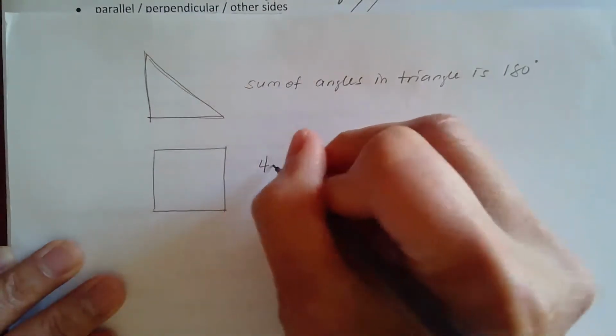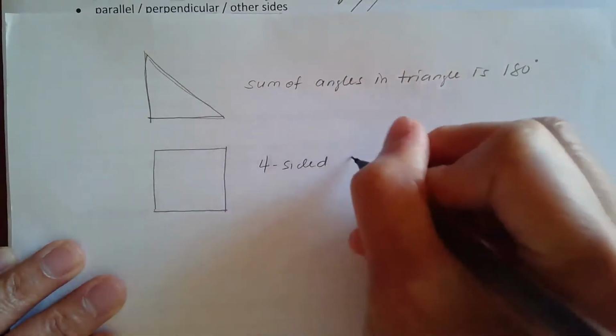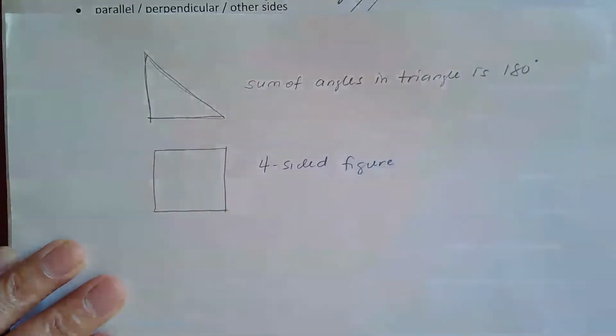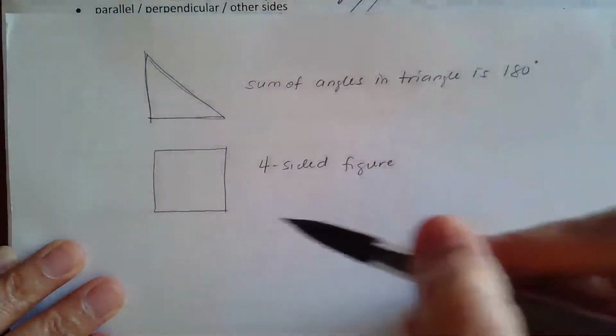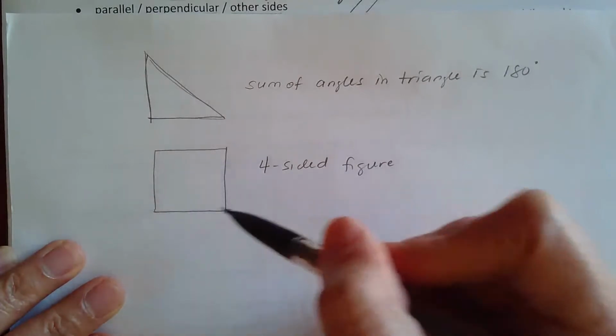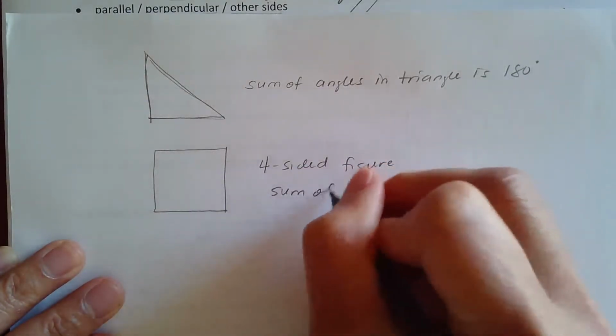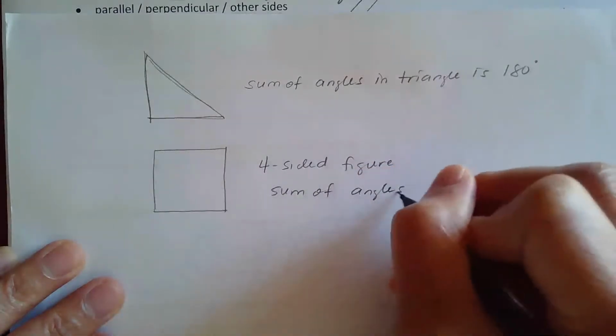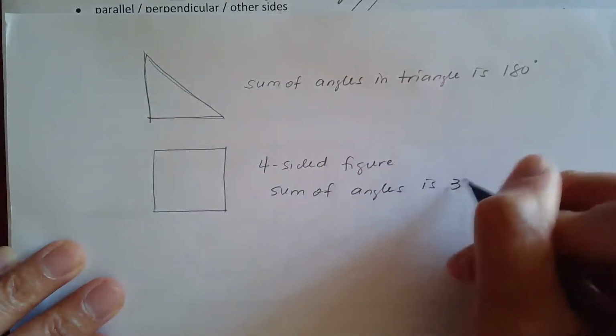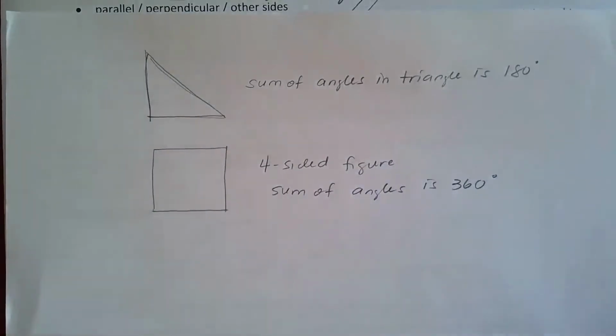Now, for a four-sided figure, meaning a quadrilateral, how can we show that the sum is 360 degrees? How can we show that?